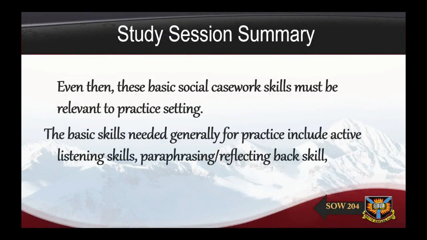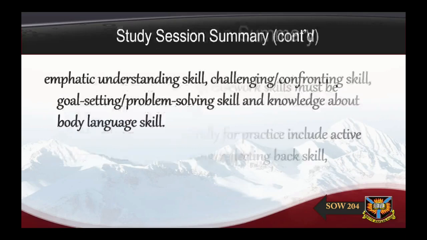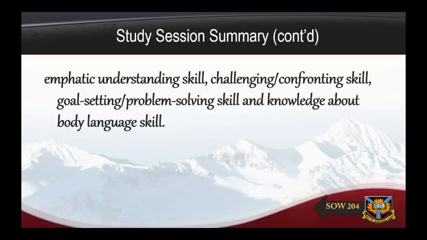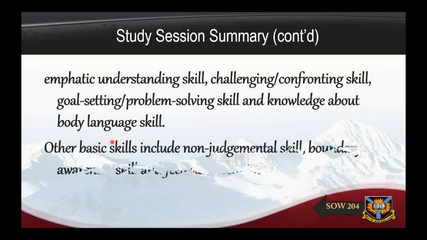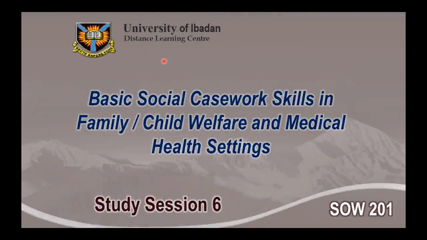The basic skills needed generally for practice include active listening skills, paraphrasing and reflecting back skills, empathic understanding skill, challenging and confronting skill, goal setting and problem solving skill, and knowledge about body language skill. Other basic skills include non-judgmental skill, boundary awareness skill, and feedback techniques skills. End of study session 6.